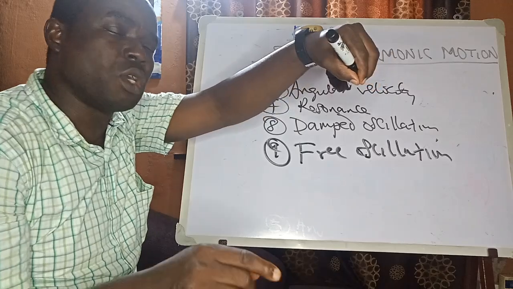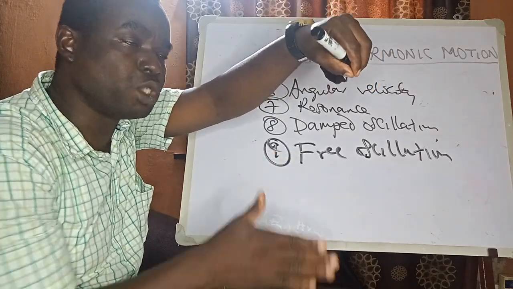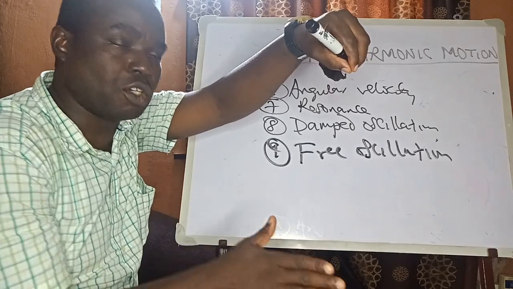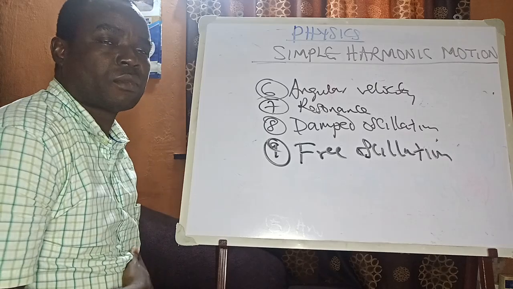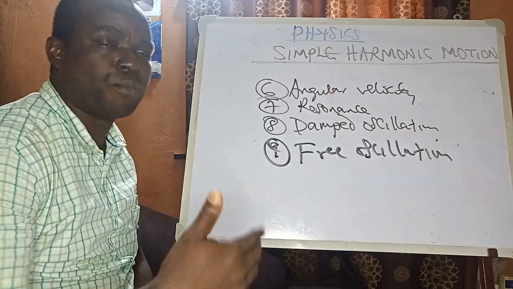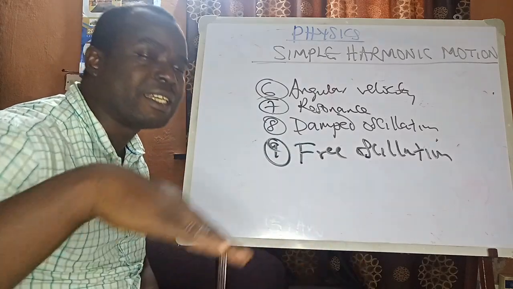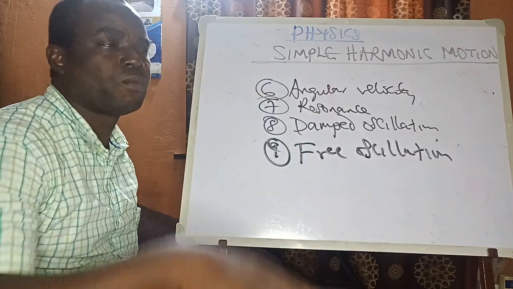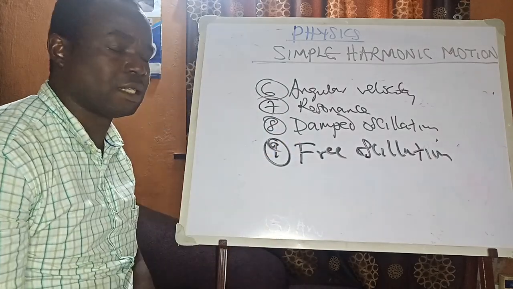Are we together? So if you allow the stone to oscillate on its own, at a point the stone will be reducing in amplitude until it comes to rest. That's what we call damped oscillation. So damped oscillation is the oscillation of a body such that the amplitude decreases with time until it finally comes to rest. Take note of that.